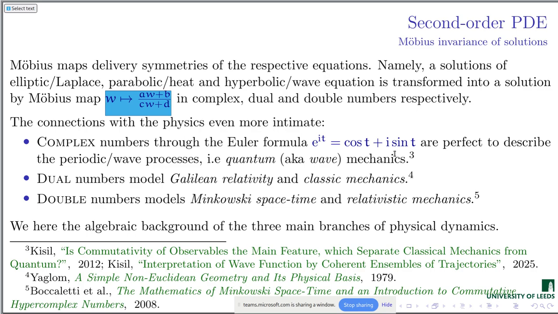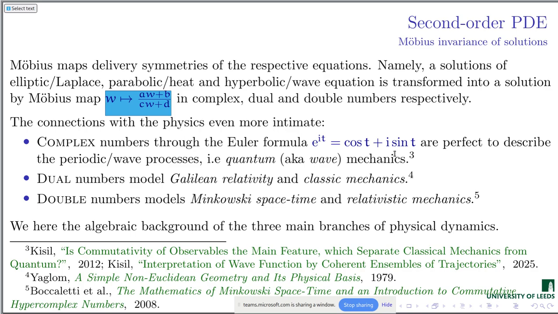There are some technicalities of how to do it properly, but generally the correspondence is like that. So if we have the Laplace, heat and wave equations, and do a fractional linear transformation in complex, dual and double numbers, a solution will be transformed to a solution. So that is an important connection.